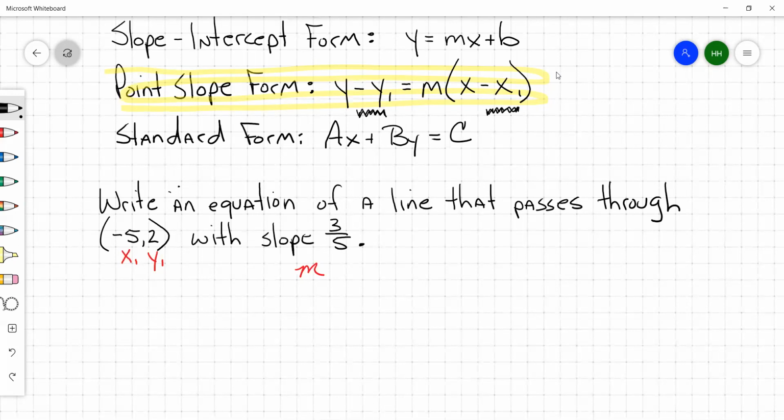So if we're going to write an equation of a line that passes through negative 5, 2 with slope 3/5, and I guess I should have said in point-slope form, we're going to write the equation in point-slope form.